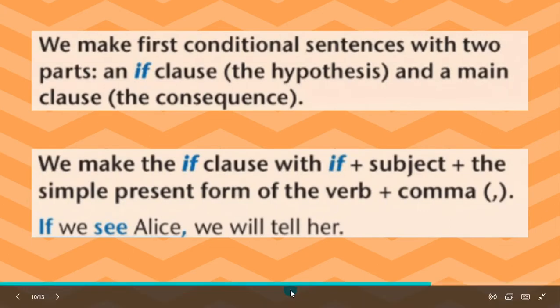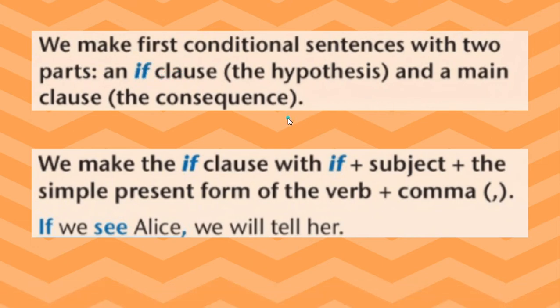As you can see here, we have, as I said before, the if clause, and then we have the main clause. The main clause, chicos, es la consecuencia de lo que yo hice antes. Por ejemplo, si yo digo, si yo me despierto temprano, tendré más energía. La consecuencia de si yo me despierto temprano es que voy a tener más energía. Y eso va a ir en futuro. Right?